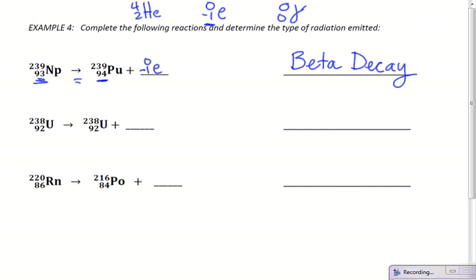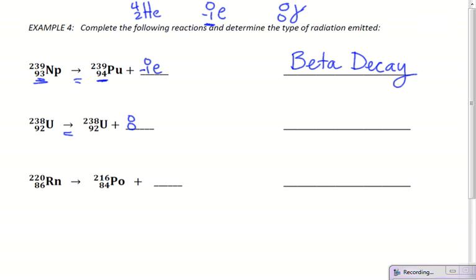On our next example, we start with uranium 238, which has 92 protons. So 92 is equal to 92 plus 0. 238 is equal to 238 plus 0. So look at your options.